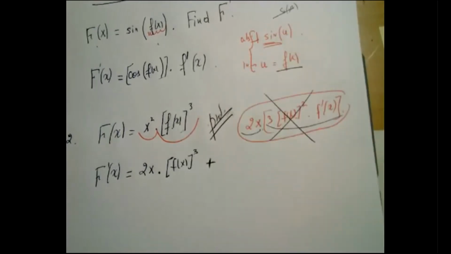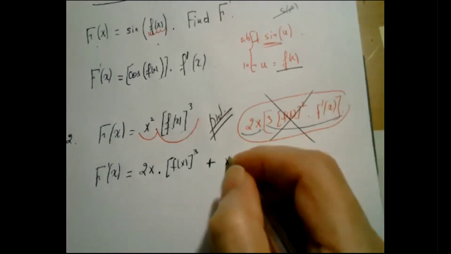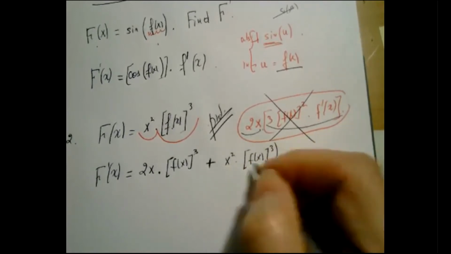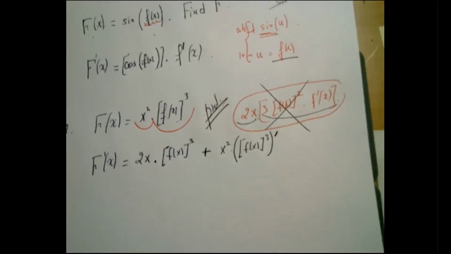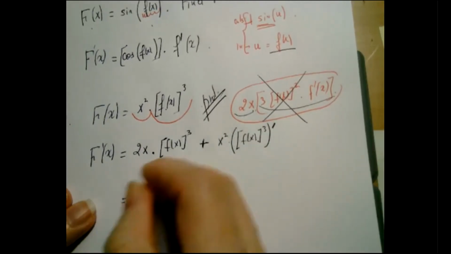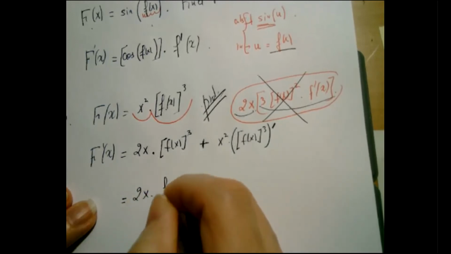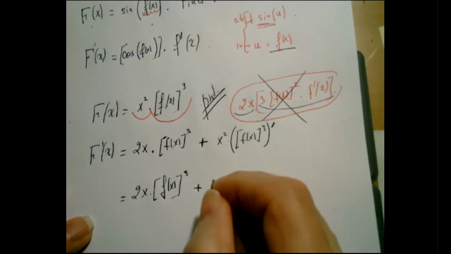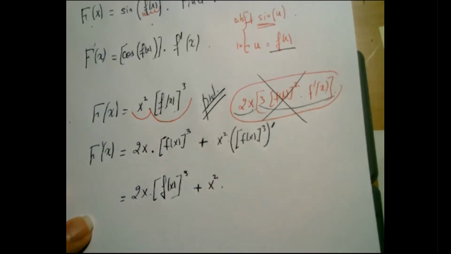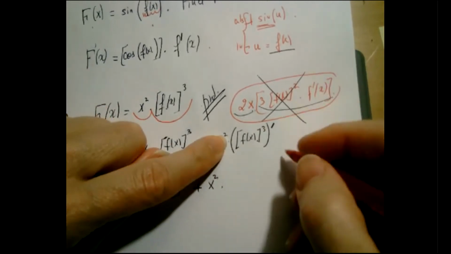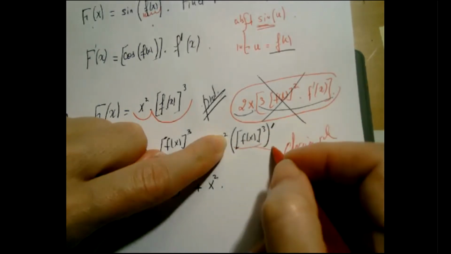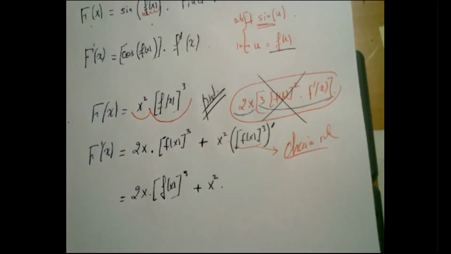So this first is a product rule, plus x squared times the derivative of f of x to the power 3. Okay, so now it's equal to 2x times f of x to the power 3, whatever f of x is, sine, I don't care, but I just didn't give it to you, which is okay, which is what I will do on your exam, plus x squared times. Now here, I need to use the chain rule for this function. And now the chain rule tells me what?